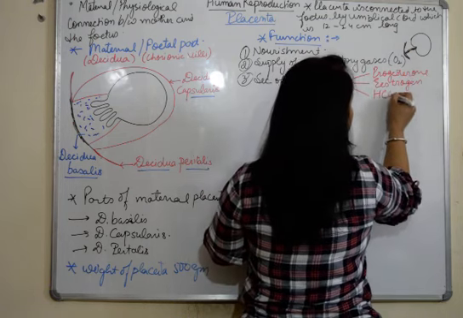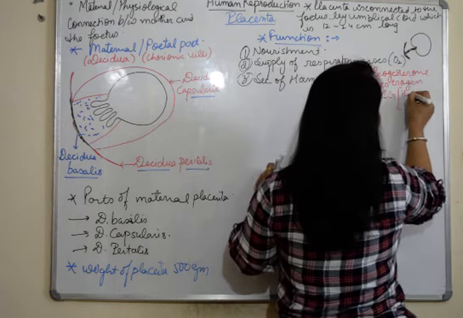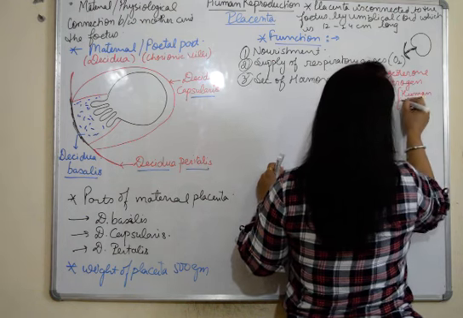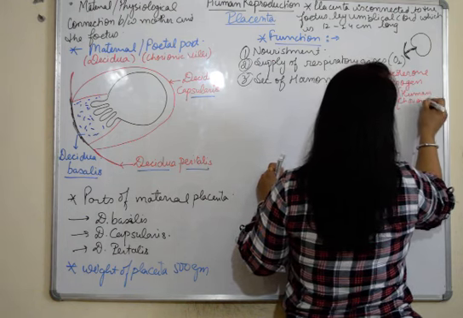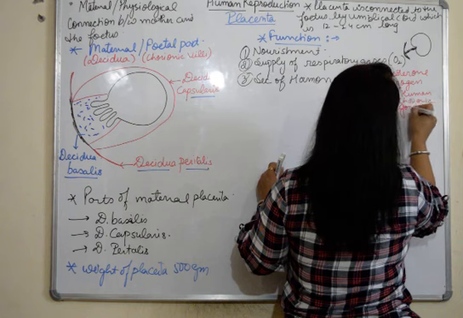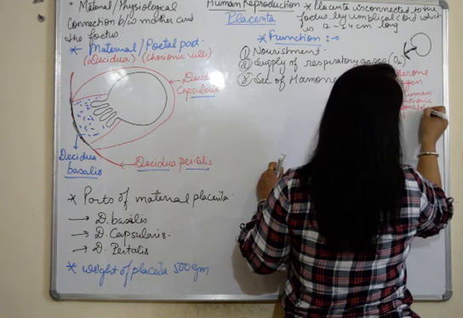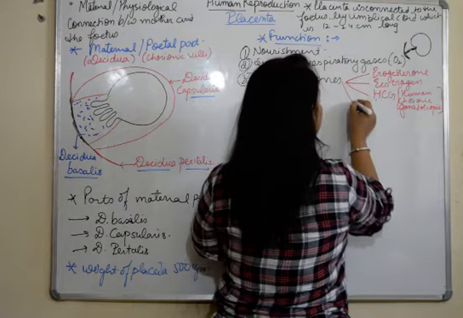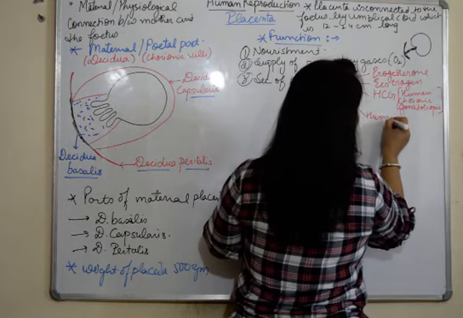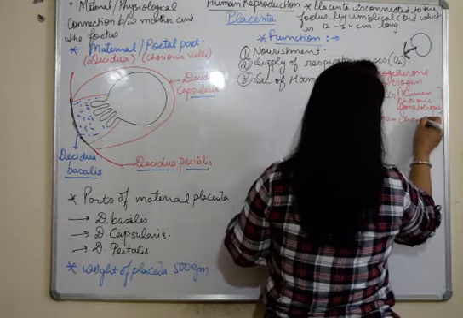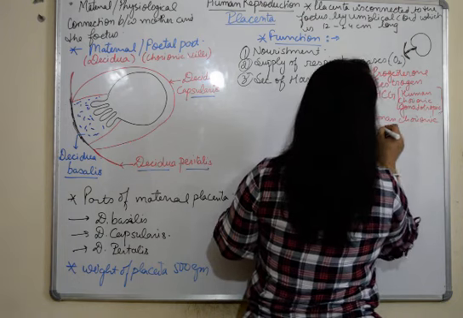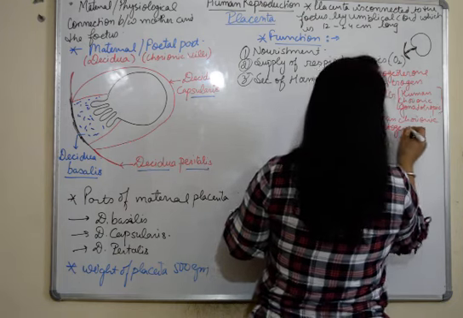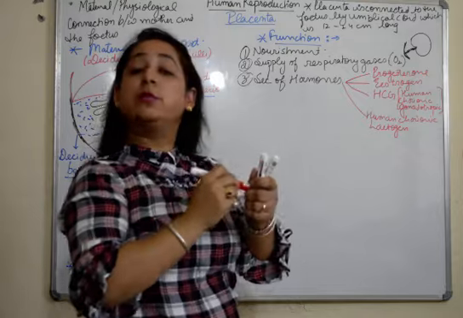Then we have HCG hormone, that is human chorionic gonadotropic hormone, and then we have human chorionic lactogen. Fine. So these are the four hormones produced by the placenta.